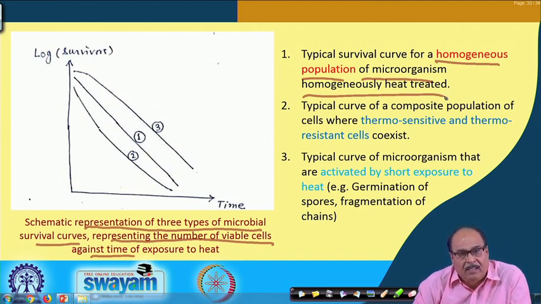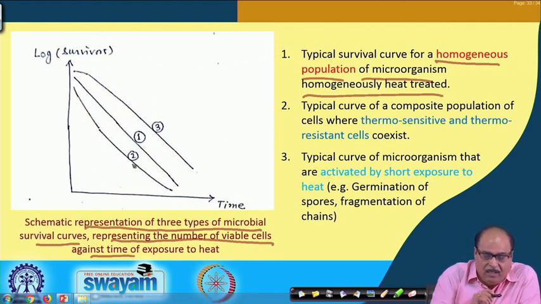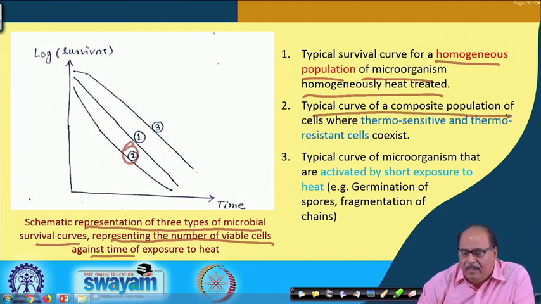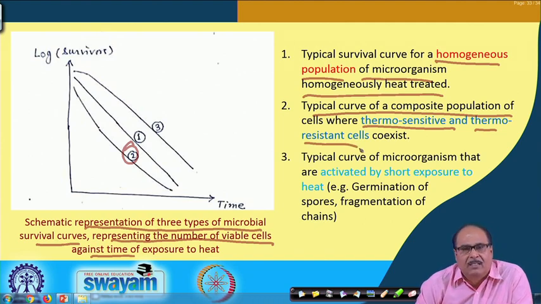That is all the microorganisms, they have got similar types of heat treatment. Line 2 is a typical curve where a composite population, that is thermosensitive as well as thermoresistant cells, coexist in the system.